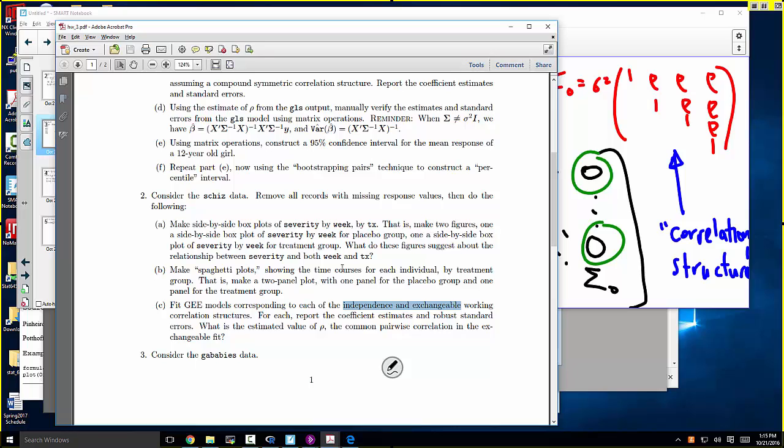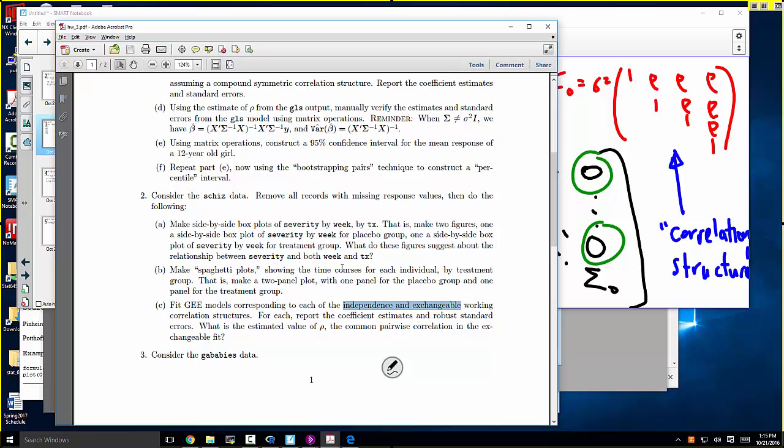First, what's called independence. The independence model in GEE says that there is no correlation within an individual. Almost surely an incorrect assumption.